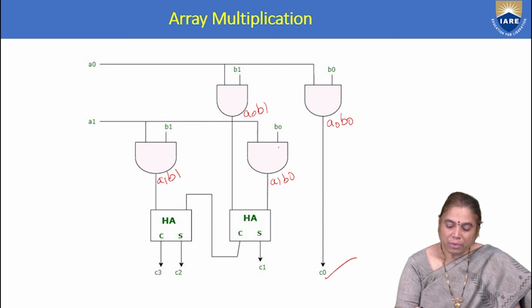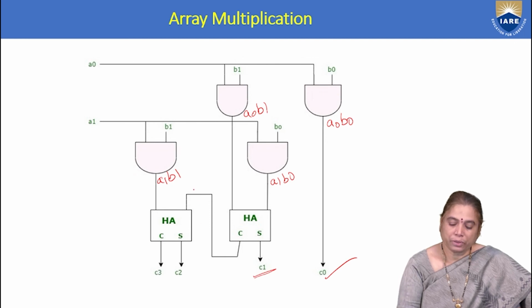Next, A naught B1 and A1 B naught have to be added. So these two terms can be given to the half adder for addition. The sum can be C1, and if any carry is produced, that can be given as input to the next half adder. So the next term has to be added here.